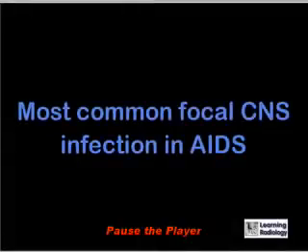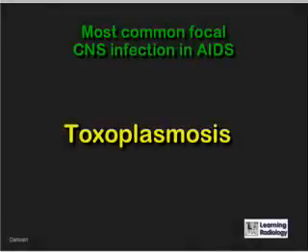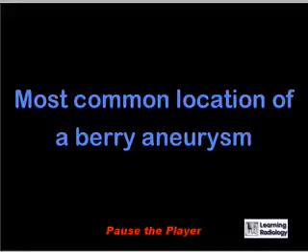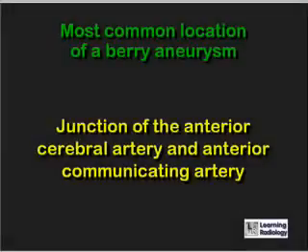What is the most common focal central nervous system infection in AIDS? Toxoplasmosis. What is the most common location of a berry aneurysm? The junction of the anterior cerebral artery and the anterior communicating artery.